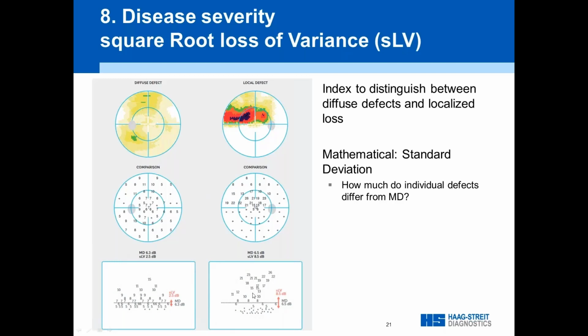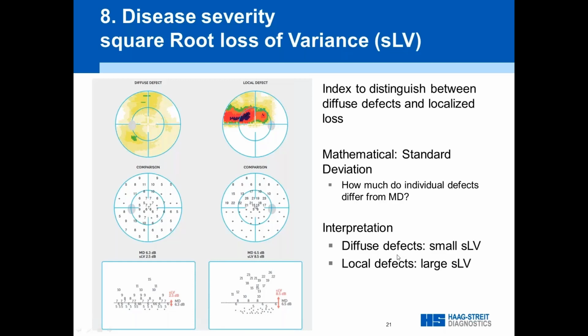And the larger the spread, the larger the SLV. Diffuse defects have a small SLV and local defects have a large SLV. Some people say the SLV is a more early sign for a change or abnormality because it reacts a bit earlier than the MD.